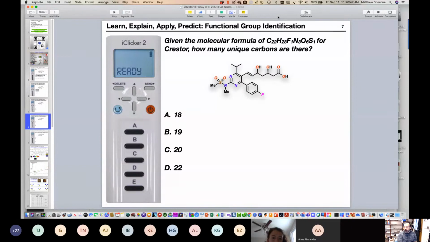So from the looks of it, we're having a debate between choice A or B.